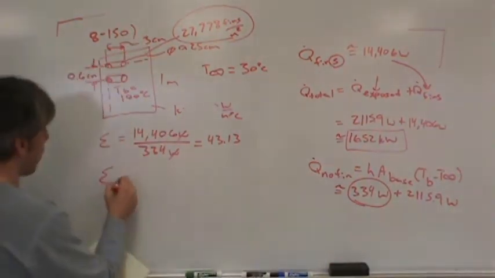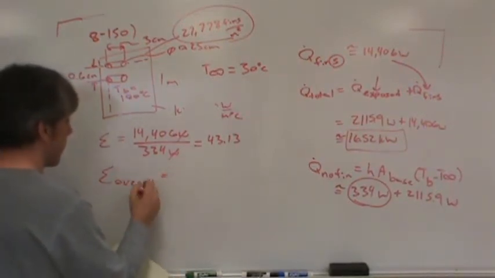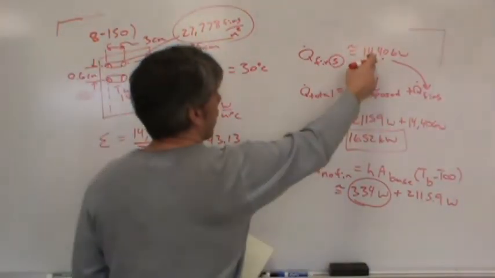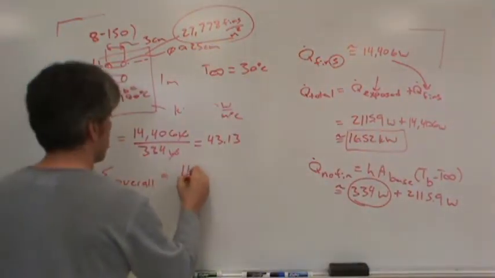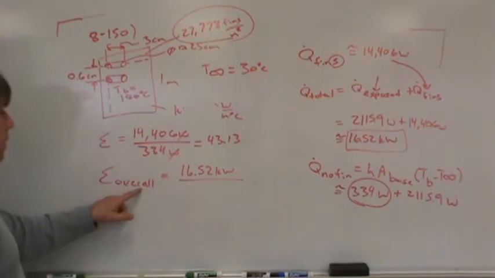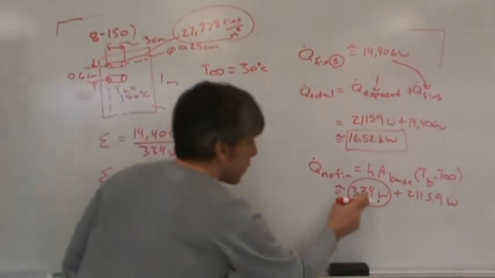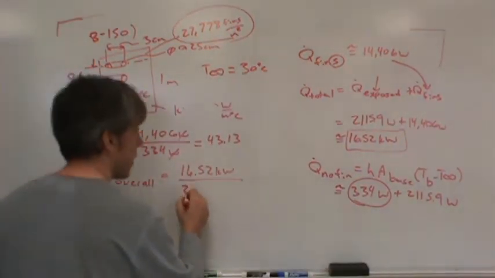But the overall effectiveness would simply be the heat transfer rate with the fins and the base that's still exposed, which is 16.52 kilowatts, divided by the heat transfer rate without the fins. Now the heat transfer rate without the fins is going to be 334 watts plus 2,115.9 watts, right?